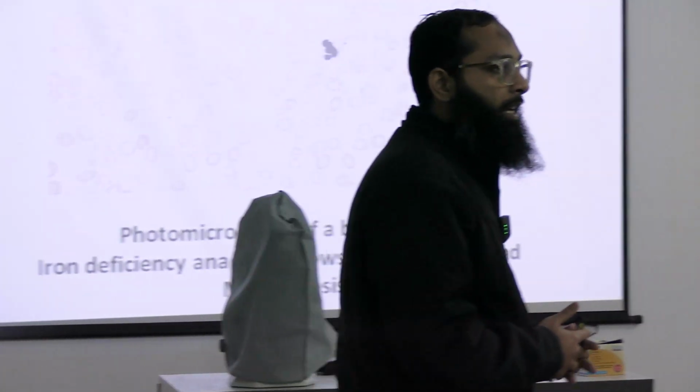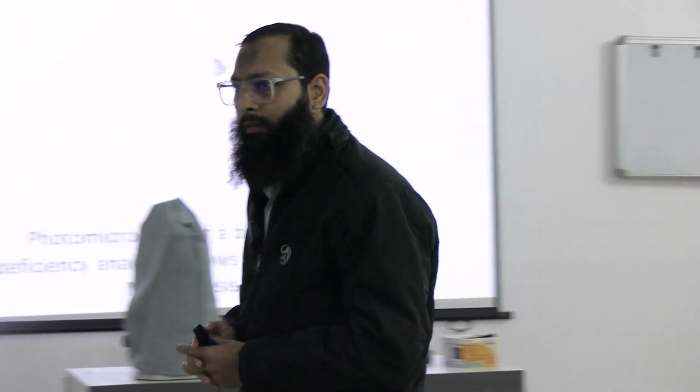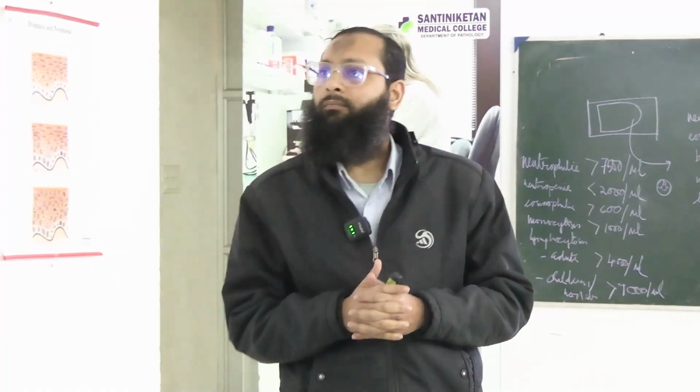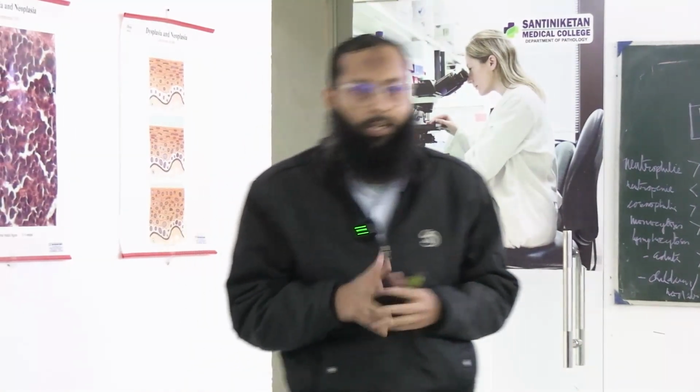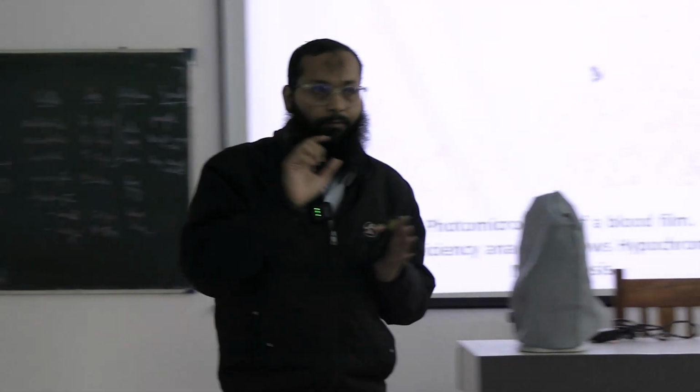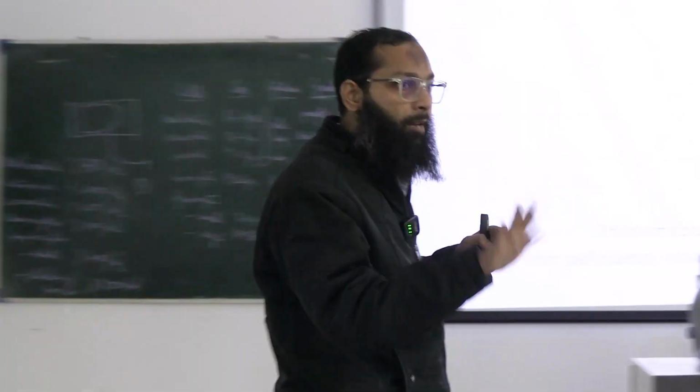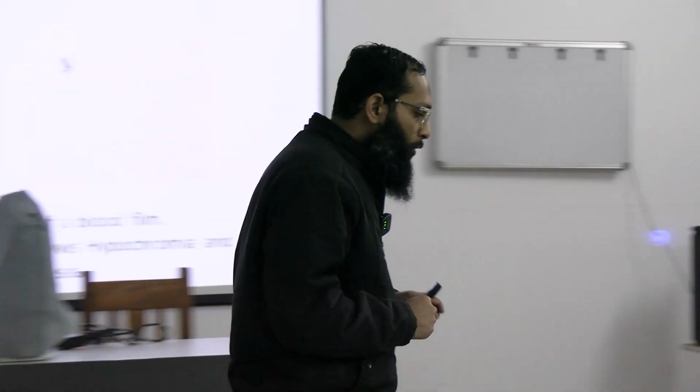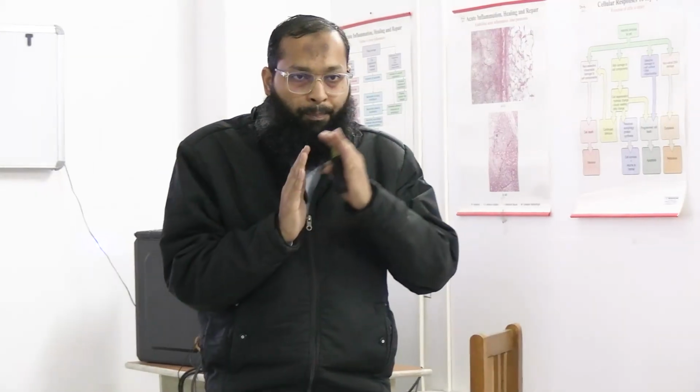What is central pallor? Can anyone tell me? Central pallor on the RBCs? What is the normal shape of an RBC? Biconcave. Okay, very good. So, because of its shape, when it is looked at under the microscope, the center portion looks paler in a normal RBC. So, there is a central pallor zone, which is called the central pallor.